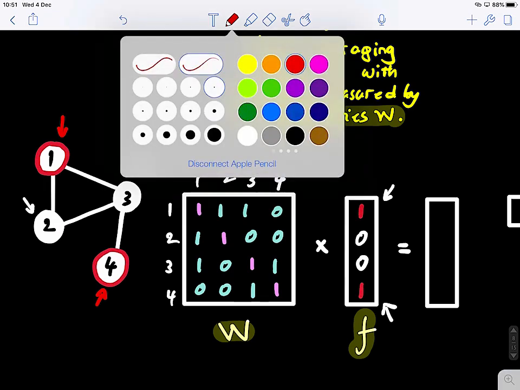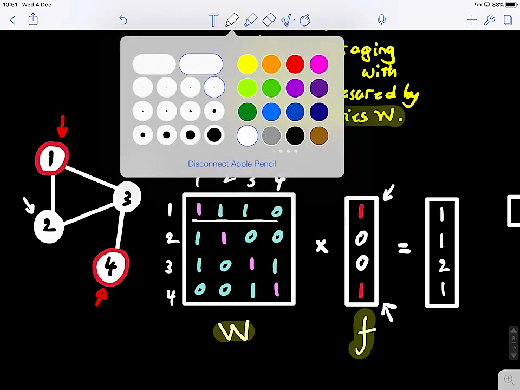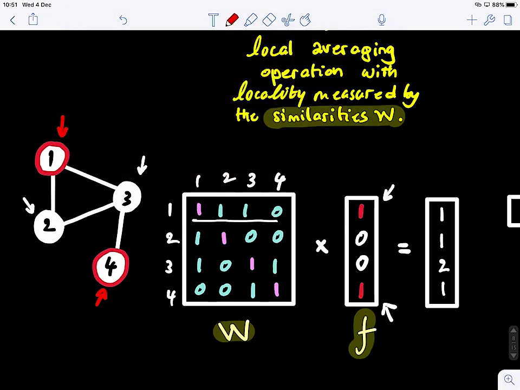So let's do it together. You'll see I multiply the first row, so, correct me if I make a mistake, this is 1, and then I have also 1, and then I have 2, and then I have 1. So it means that here I have 1, then 1, then 2, then 1.